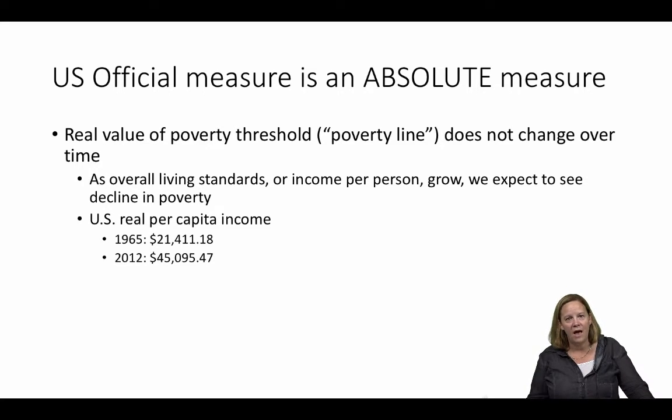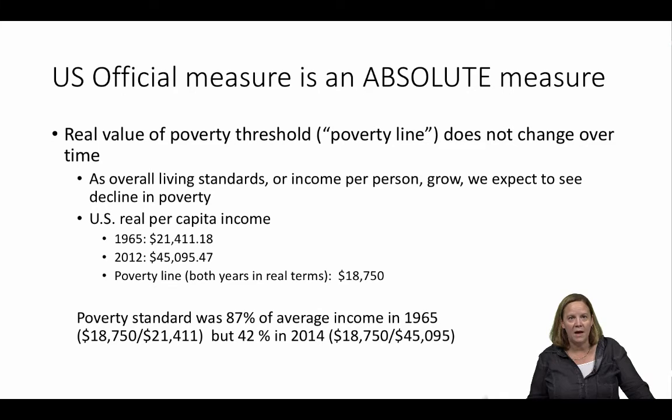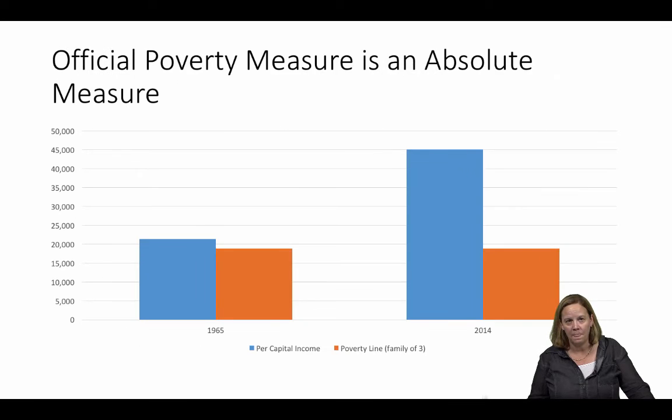At the same time, the official poverty line remained constant over the whole period. That means that the poverty line for a family of three, about $18,750, in 1965 was roughly 87% of per capita income, but by 2012 was just 42% of per capita income.